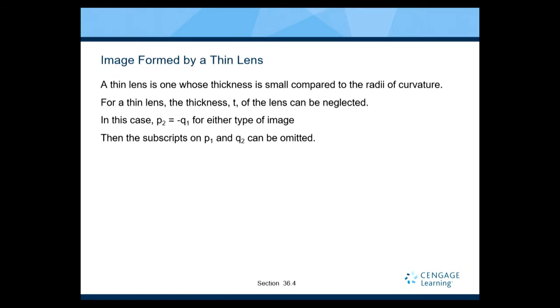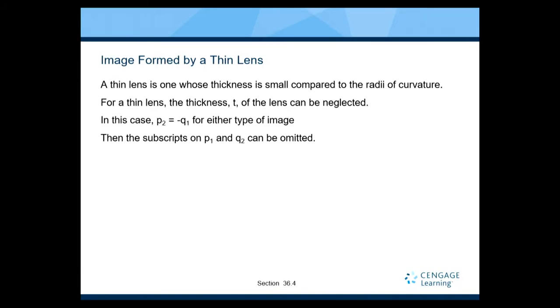Now when we get our lens thin enough that we can neglect the thickness of the lens, that's what's going to allow us to represent our lens with a straight line when we do our optical ray diagrams.